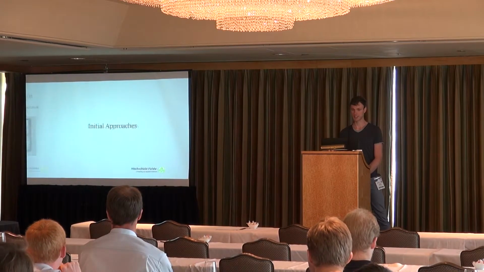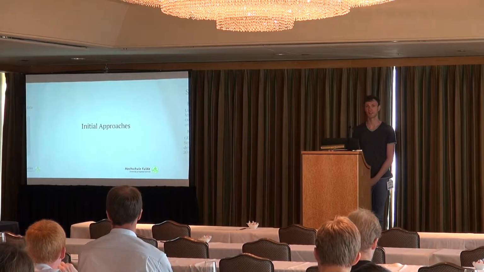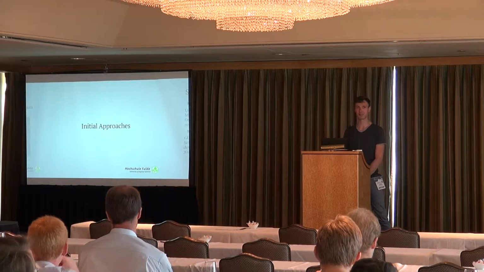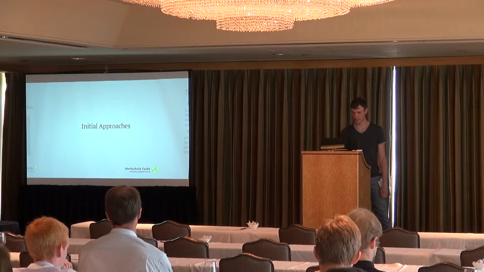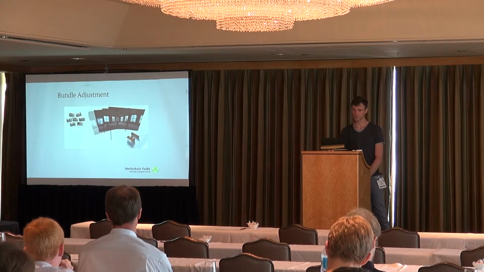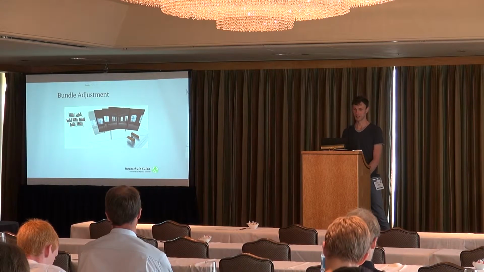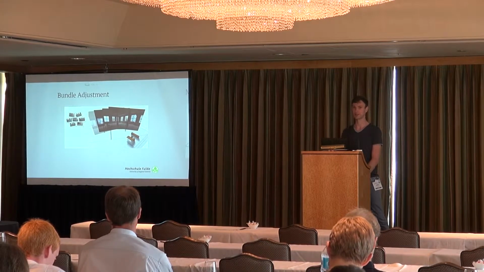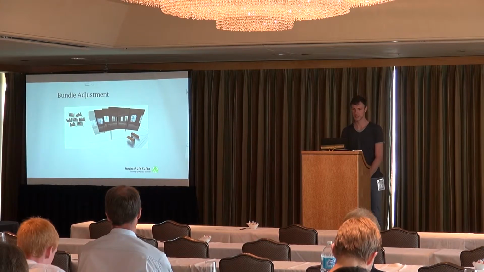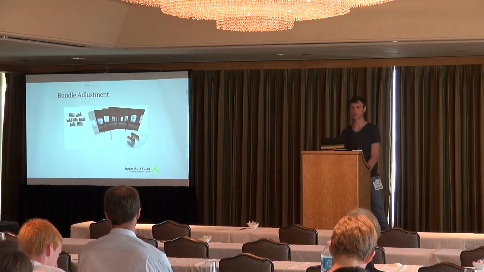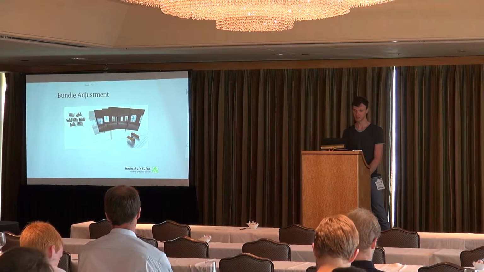For that project, we started with some other approaches to arrange images in virtual scenes. First of all, we used bundle adjustment, which was able to arrange real-world images within scenes based on detecting scale invariant feature transforms, so-called SIFT features.